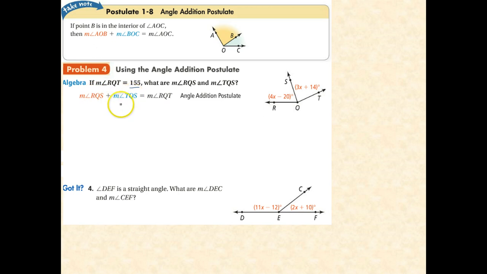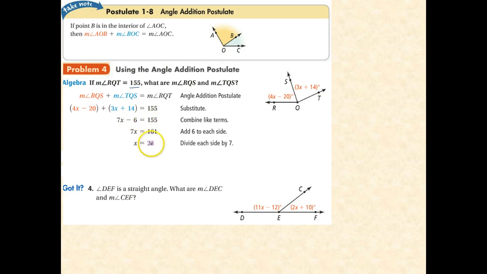The angle addition postulate says the measure of RQS plus the measure of TQS equals the measure of the big one, RQT. Then we're going to substitute what we know. And then we're going to combine like terms, solve the equation, add 6 to both sides, divide both sides by 7. We get x equals 23.